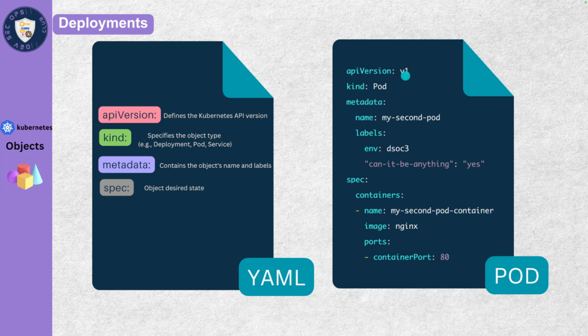So if you see here, this is our pod YAML file. We have API version v1, and the second thing is kind, which is Pod, and then metadata, where I gave a name and labels, environment. Many people are confused when they see examples that say name nginx, label nginx, nginx image, nginx container name, and it's really confusing what is what.